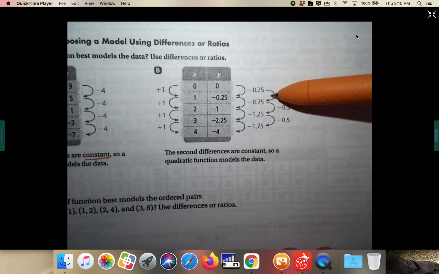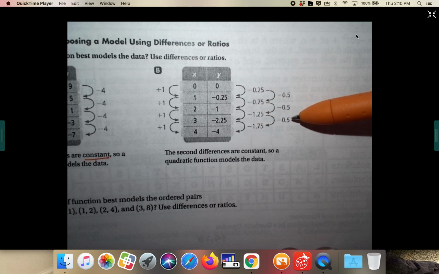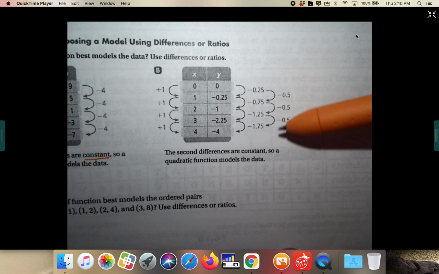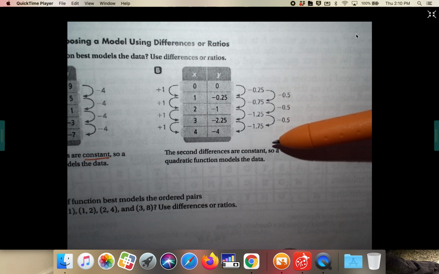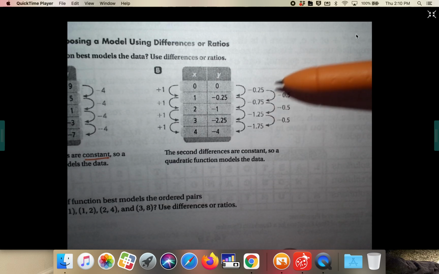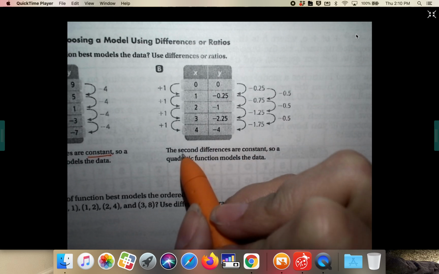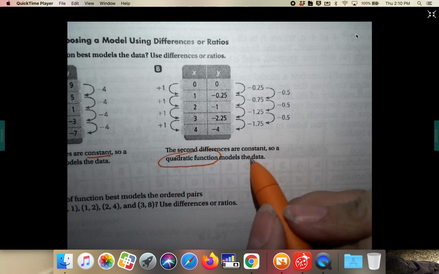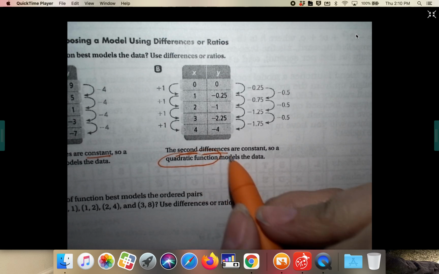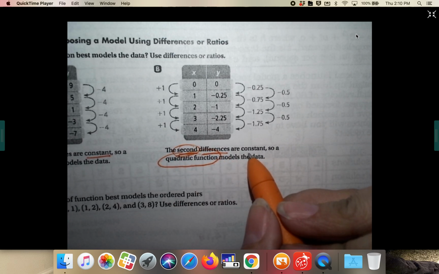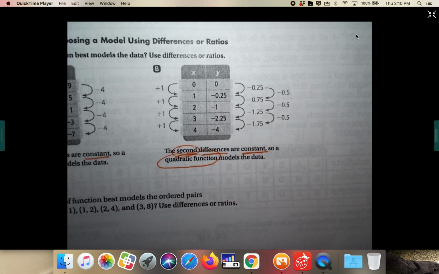And if you look at the difference one more layer out, each of those are subtracting an additional 0.5. So that is not continuing to go up at an exponential amount. It's just going up at a constant but second tier amount. So this would represent a quadratic function because not the first differences are constant, but the second differences are constant. So that would be quadratic.